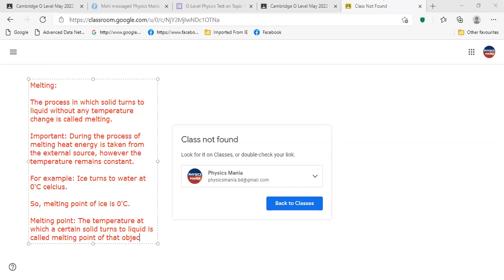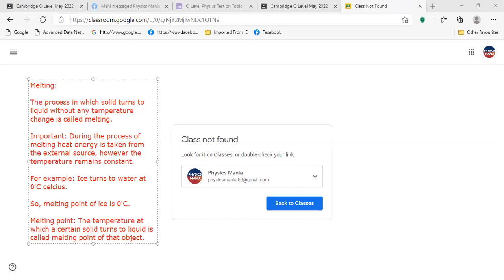So from this statement, we understand melting point is different for different objects, right? So the melting point of ice is 0 degrees Celsius, but the melting point of wax is around 50 degrees Celsius. At normal temperature, wax is solid, right? At room temperature, isn't it?